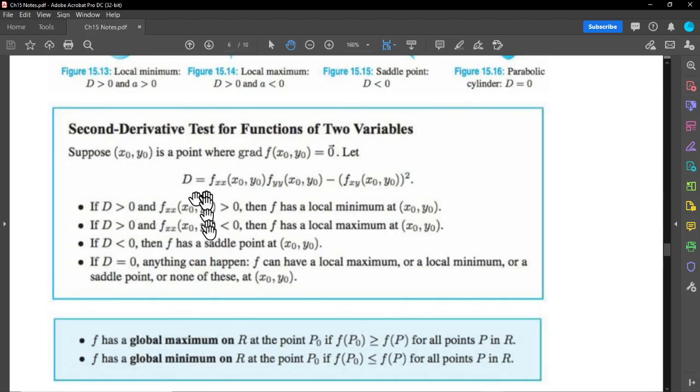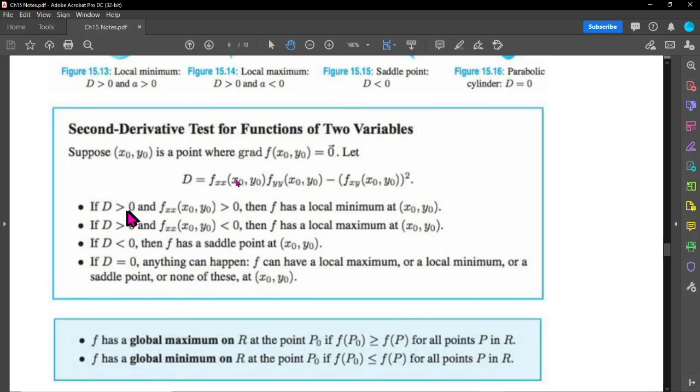So we're told that we use this discriminant, which is the second derivative with respect to x, times the second derivative with respect to y, minus the mixed xy second derivative squared. At the particular point, this is the discriminant. And then we check all these cases.